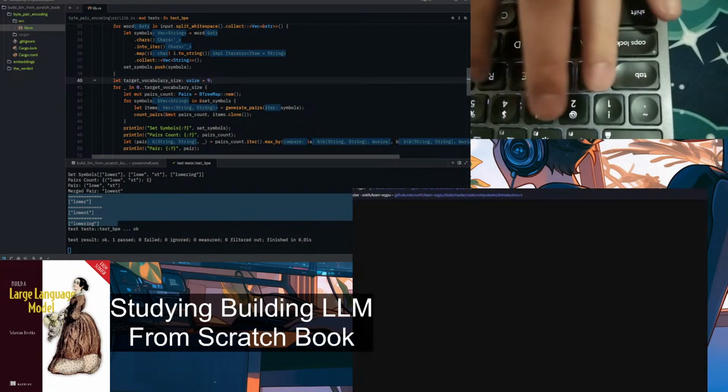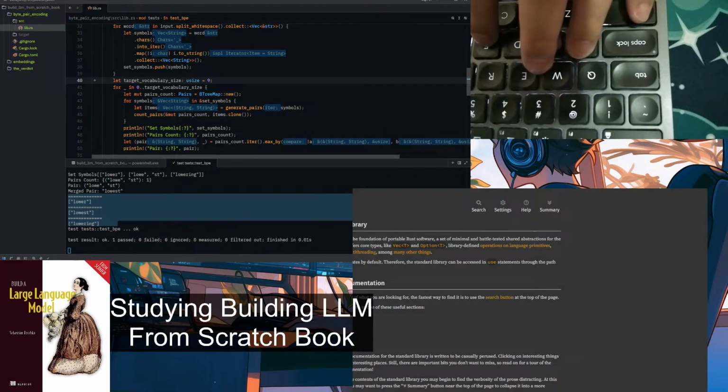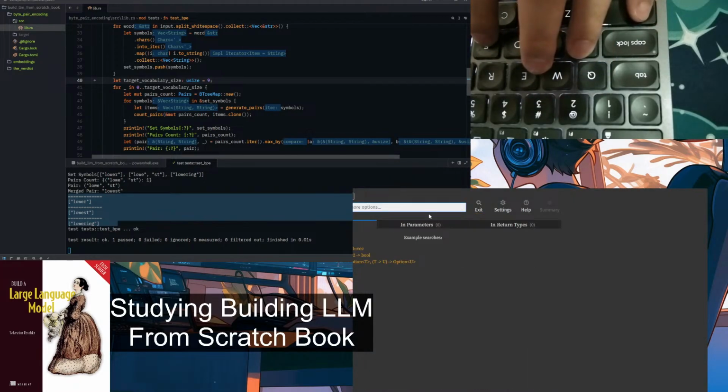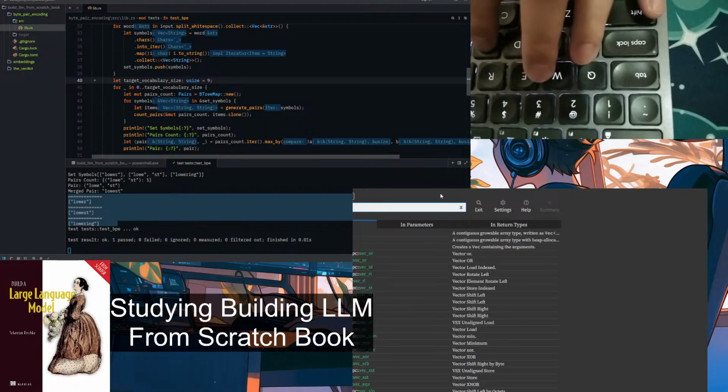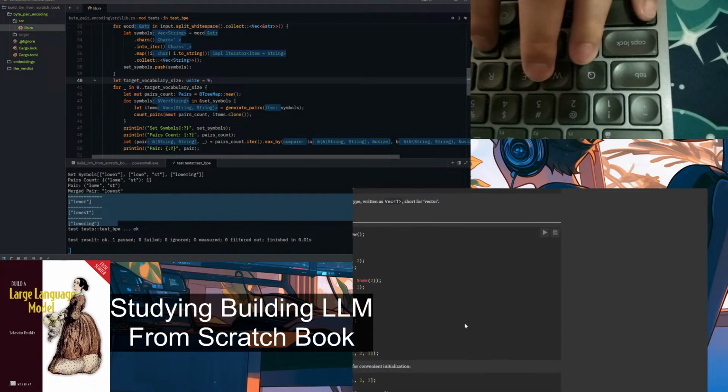Let's say Rust std. So I will search here. Let's say I wanted to learn how to use vector, and I will just go here and then read the examples in the documentation.